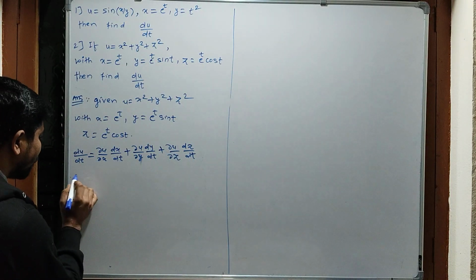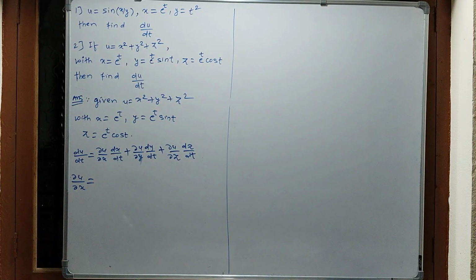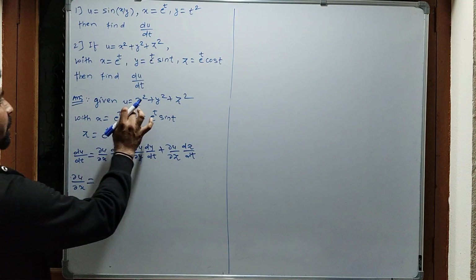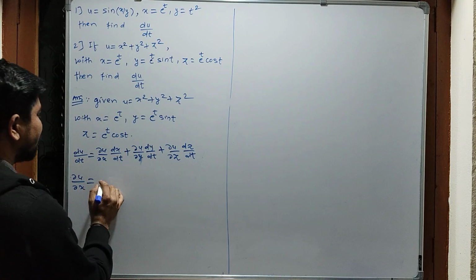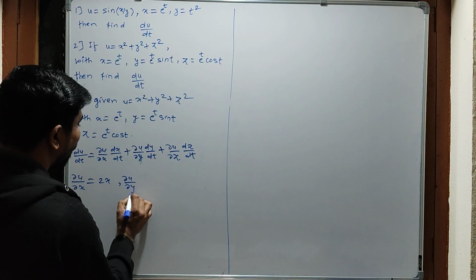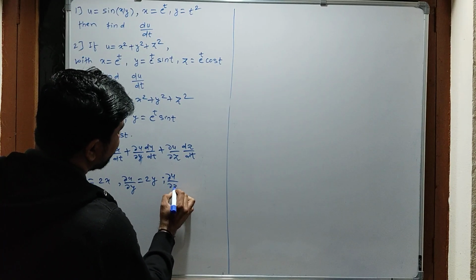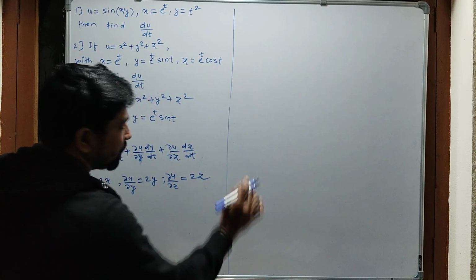First I will find dou u by dou x, treating y and z as constants. So dou u by dou x is simply 2x, dou u by dou y is 2y, and dou u by dou z is 2z.